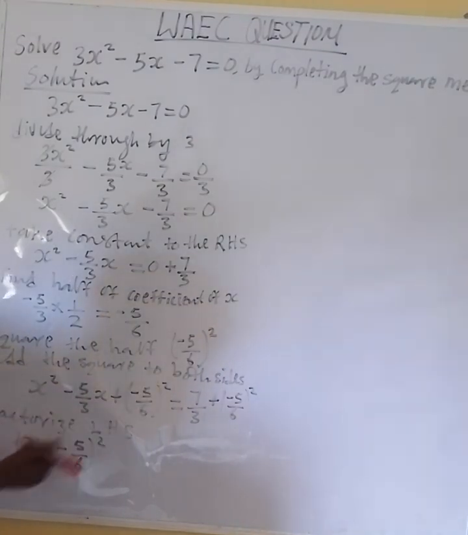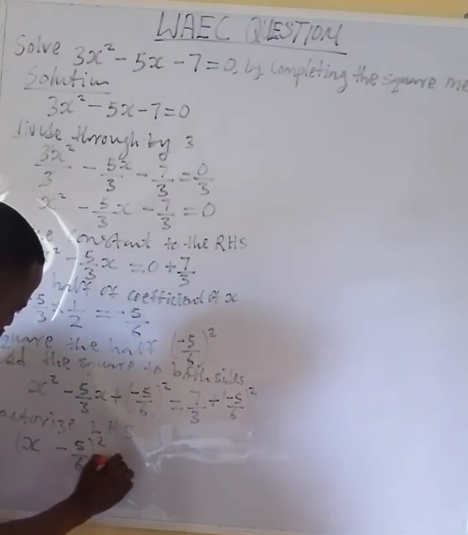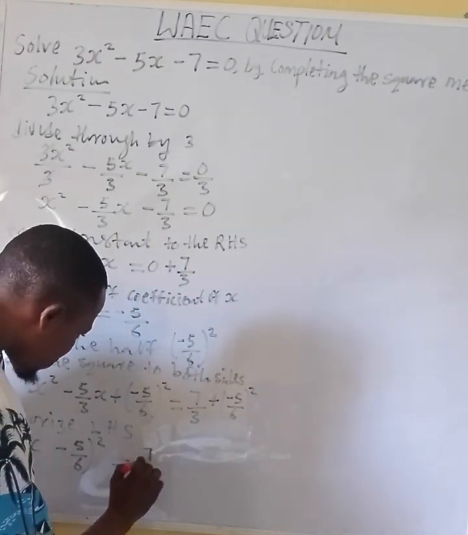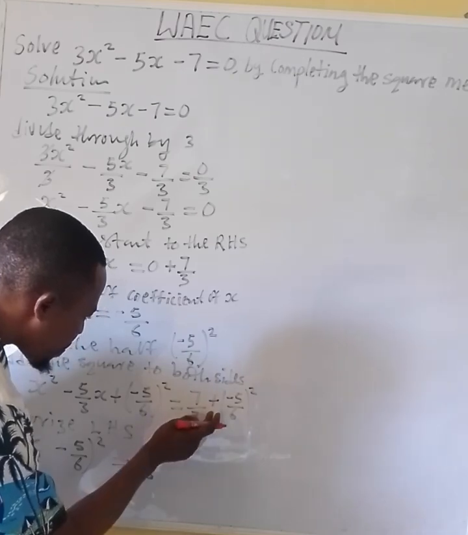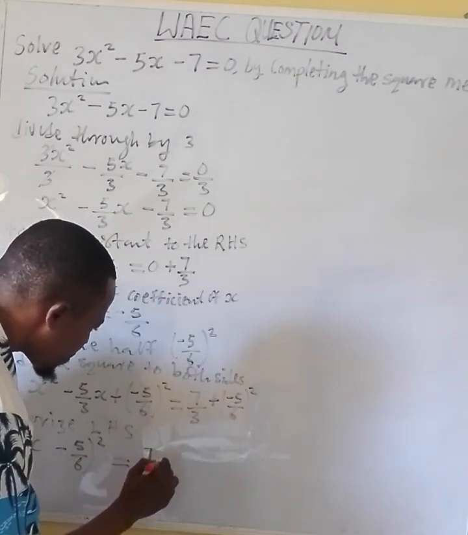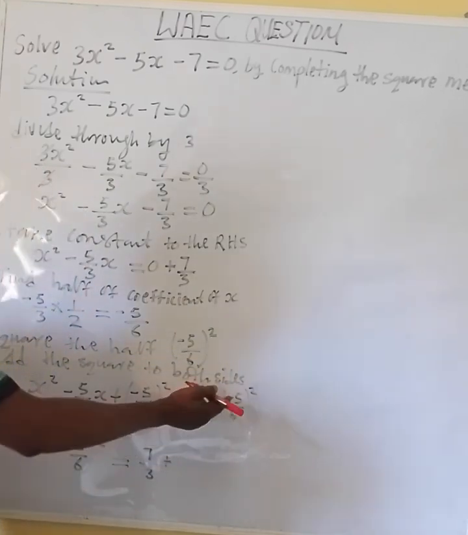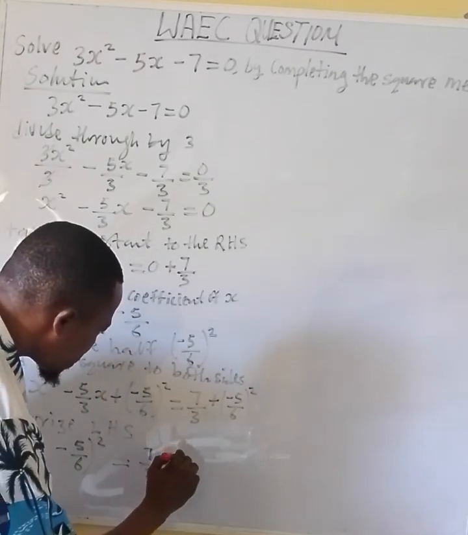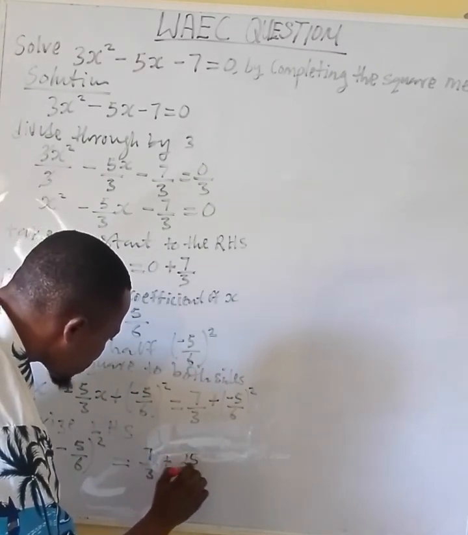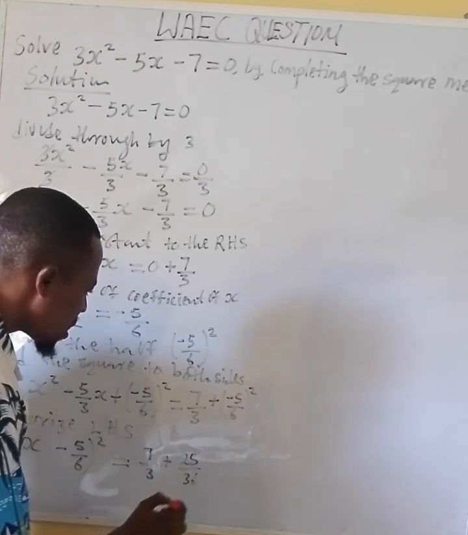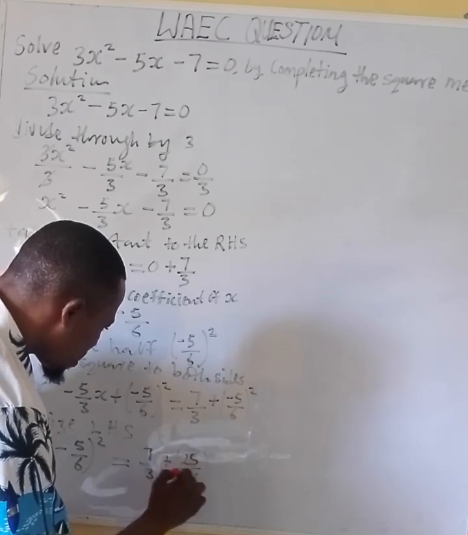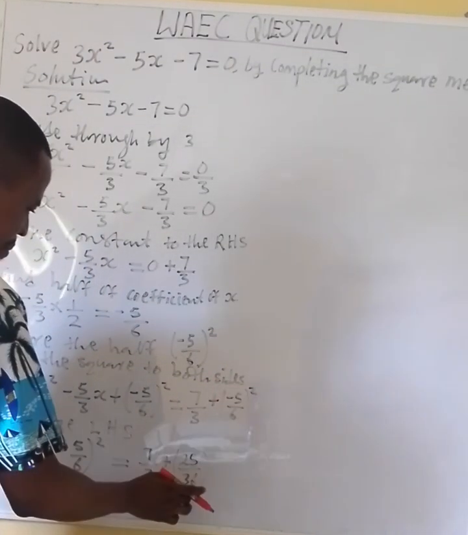We have square here, we have square here, so all together like this, equals to 7 over 3 plus, now this 5 square now, it means 25. Are we together? So we now have it to be 25 over 36. Are we together? So that's what that square means now.